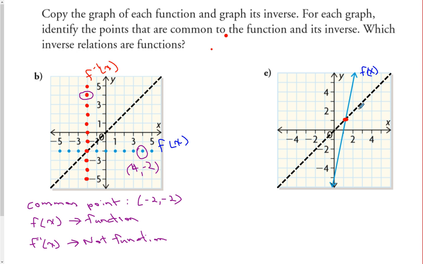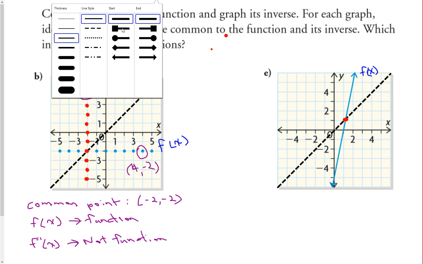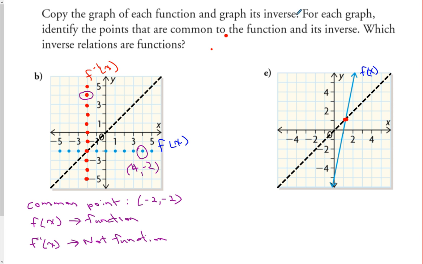And now I need to figure out how it's going to go. So the easiest thing to do is to find some points on this blue line that are right on the grid and figure out what the coordinates are. So I'm going to pick, there's a point right here. That's nicely right on the grid. And then there's one right here too. Those are nicely on the grid. There is one down here as well. I could use that one too.